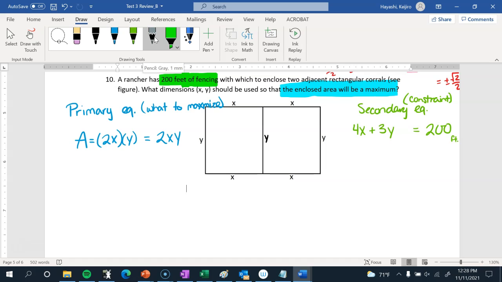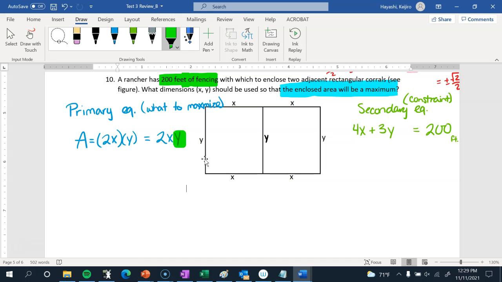So now what we're hoping to do to the primary equation is to get it all in terms of one variable, generally speaking, x. I mean, you could theoretically do y, but why mess with it. So we want this to be in terms of x only, which means that we're going to want to replace this y.